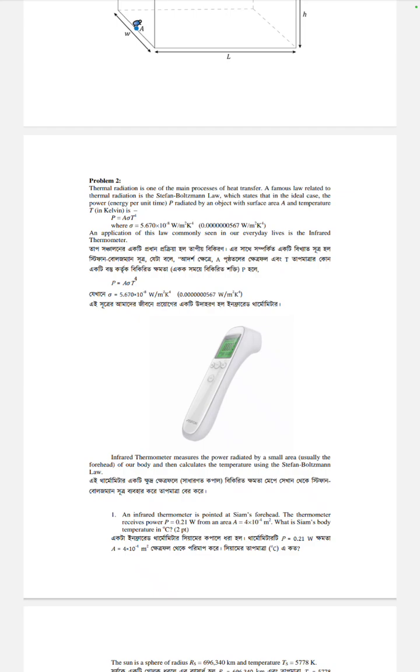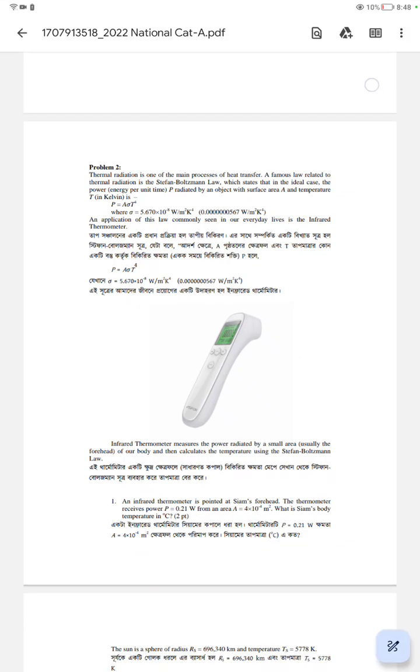It starts off by saying, thermal radiation is one of the main processes of heat transfer. A famous law related to thermal radiation is the Stefan-Boltzmann law, which states that in the ideal case, the power, energy per unit time, P radiated by an object with surface area A and temperature T is P equals A sigma T to the power of 4, where sigma is a constant.